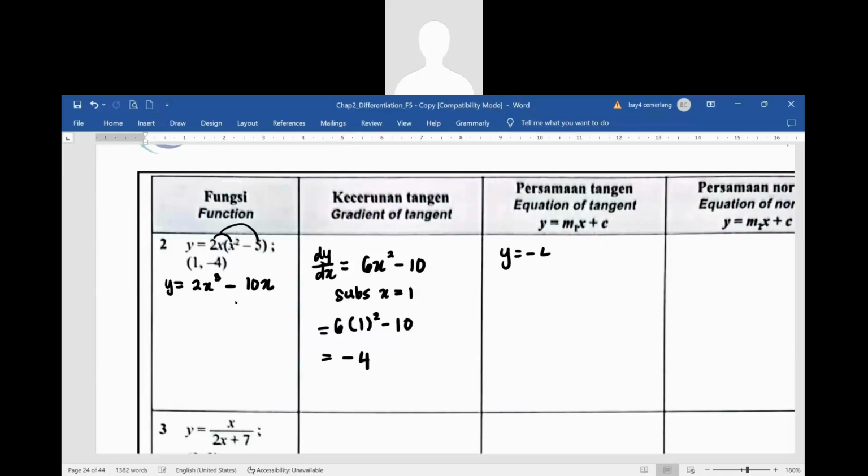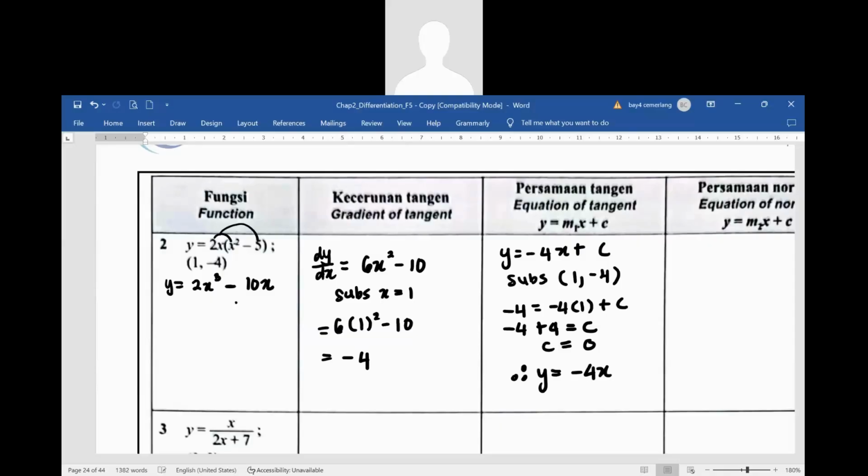So y = -4x + c is the equation. Now substitute the same point, (1, -4). So -4 = -4 times 1 plus c. Negative 4 plus 4 equals c, right? So c is 0. Therefore your equation of tangent is just y = -4x.